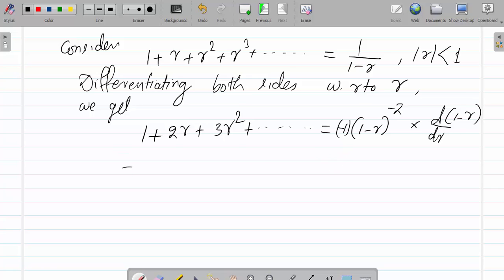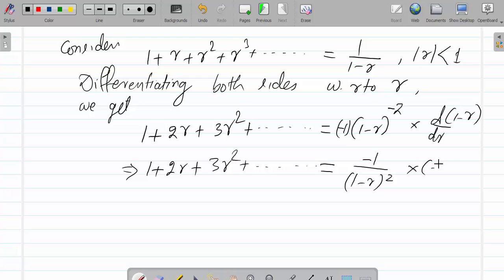So this implies 1 + 2r + 3r² + ... will be equal to -1/(1 - r)² into -1. So this will be equal to 1/(1 - r)².